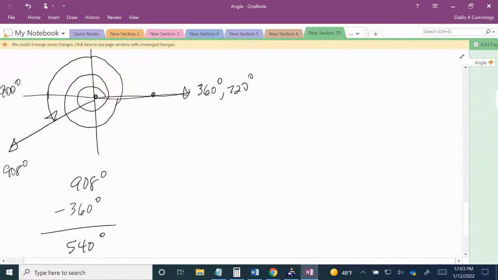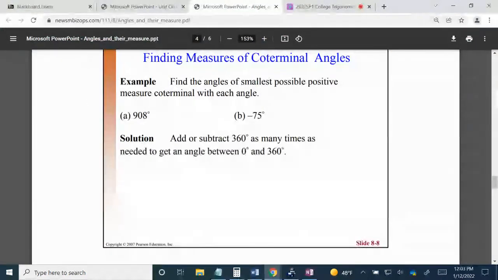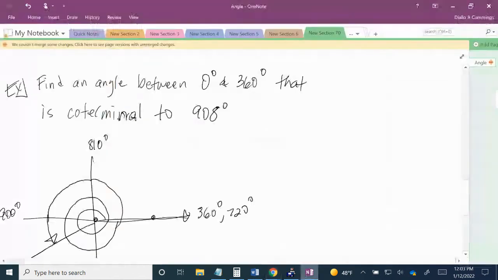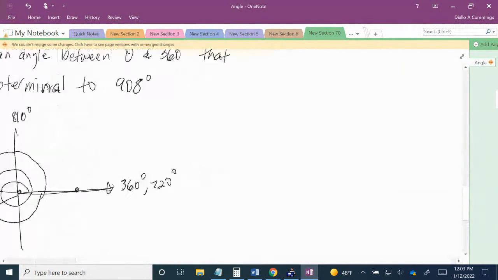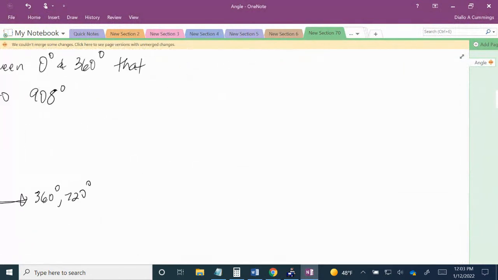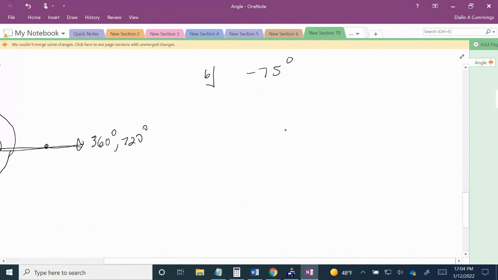All right. There's one more. We're also asked to find the smallest possible positive measure coterminal angle with negative 75 degrees. I'm going to sketch out negative 75 degrees.